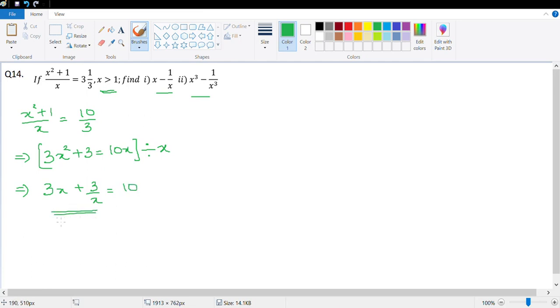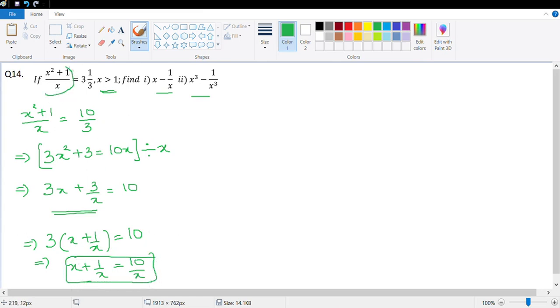I notice 3 is common on both these terms, which means 3 times x plus 1 upon x is equal to 10, which means x plus 1 upon x is equal to 10 upon 3. Instead of cross multiplying, I could have done this division directly. This would have still given me x square upon x plus 1 upon x, which would have been x plus 1 upon x. I could have saved these two steps, which I did.